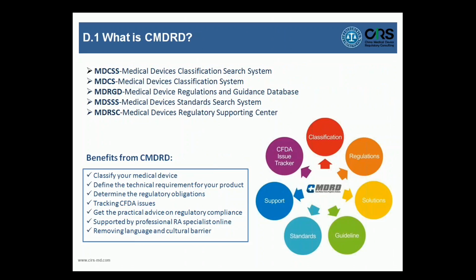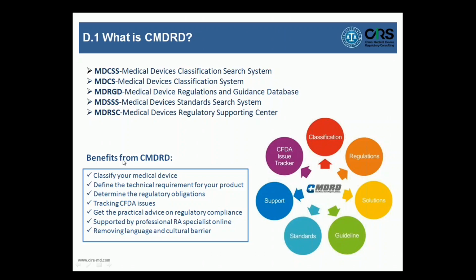CMDRD consists of 5 blocks. First is MDCSS, and second MDCS, MDRGD, MDSSS, MDRSC. It enables you to follow the CFDA issue tracker, classification, regulations, solutions, guidelines, standards, and our support.